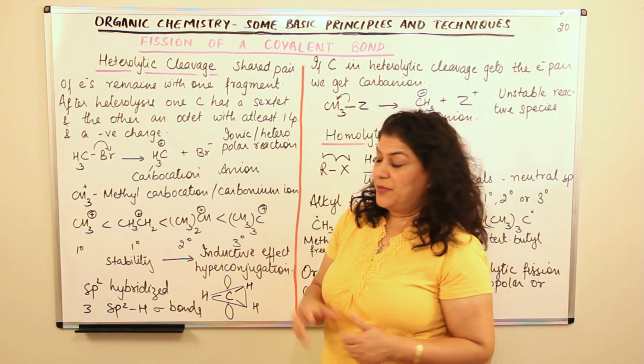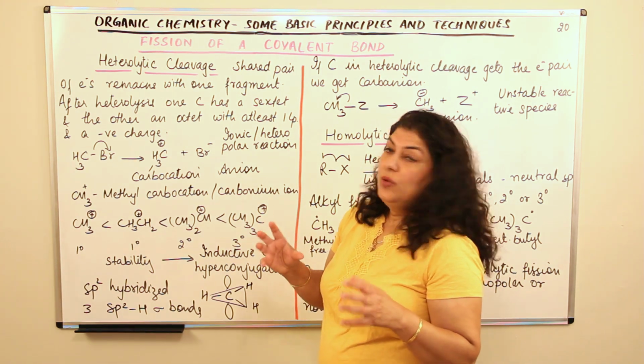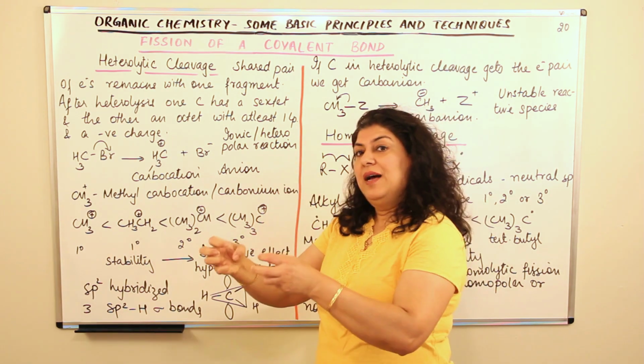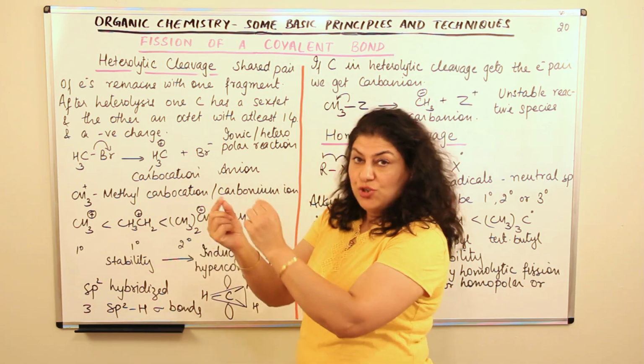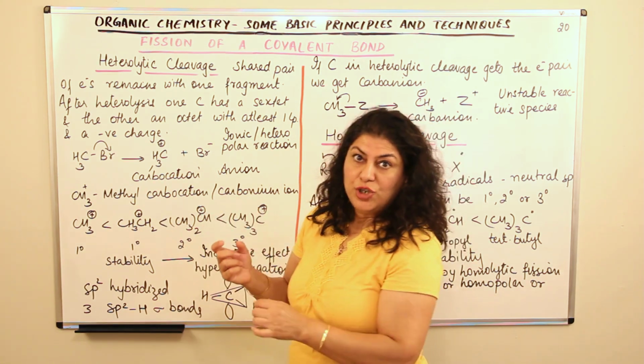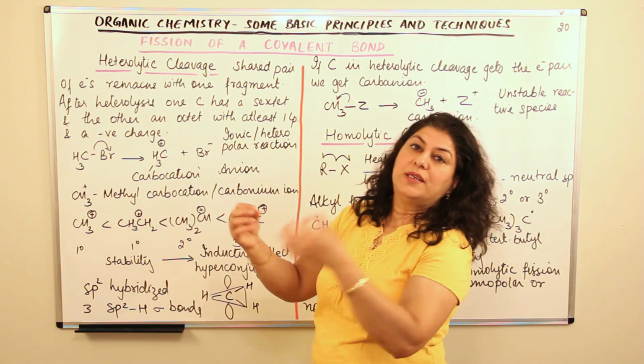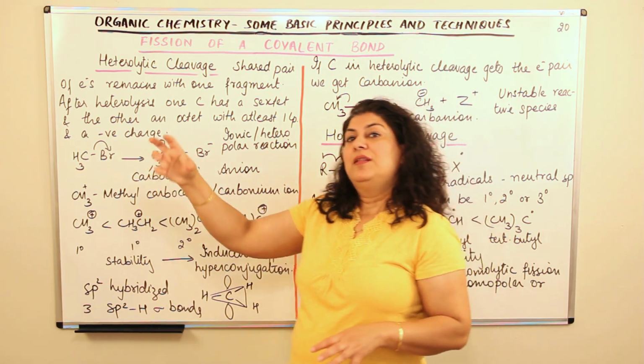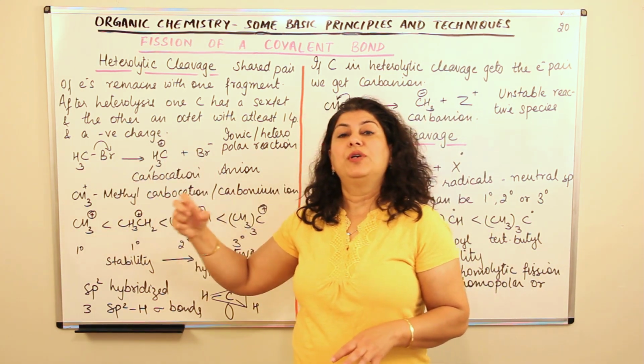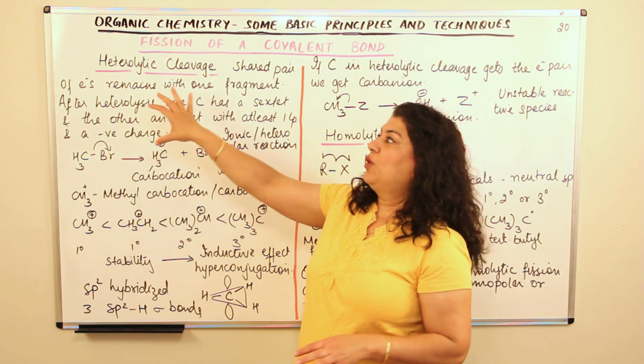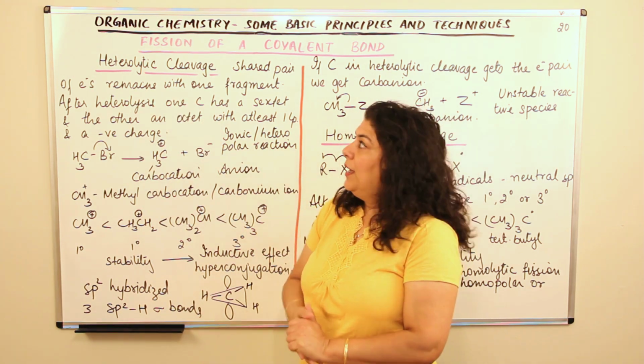So the breaking up of the covalent bond between two carbons, or carbon and hydrogen, or carbon and oxygen, or carbon and sulfur, how does it take place? That is what we will understand.